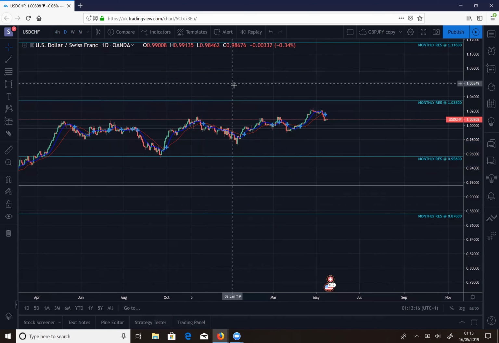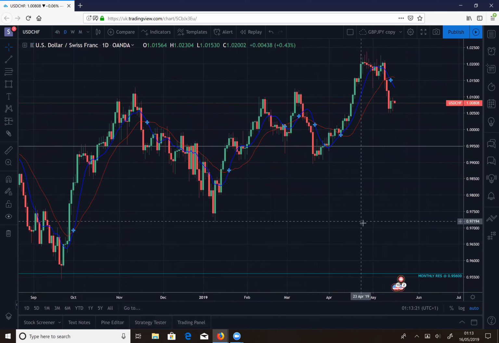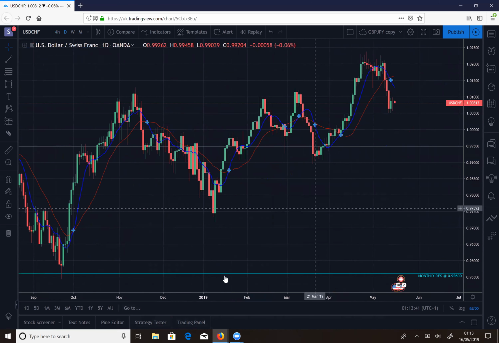Going on to the daily, we can see that we've kind of got this slowdown here. So we had one daily spinning top, then we've had a doji candle. Okay, so some traders may be thinking, oh, could we have some kind of evening star formation forming?